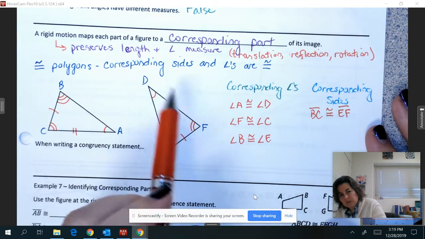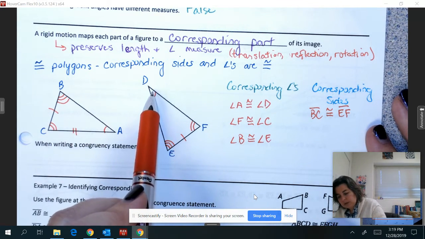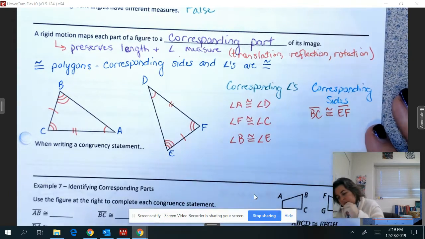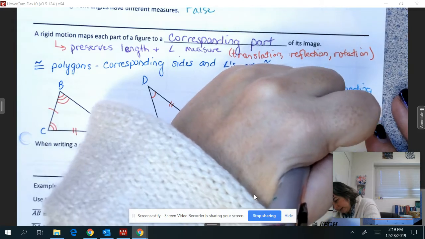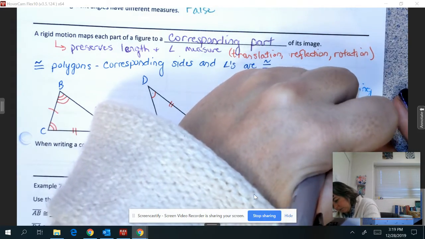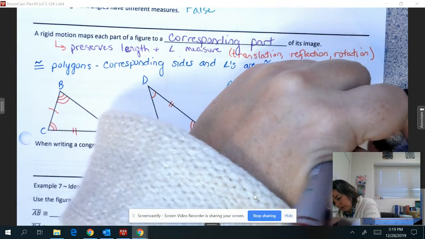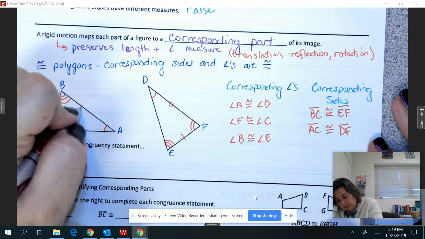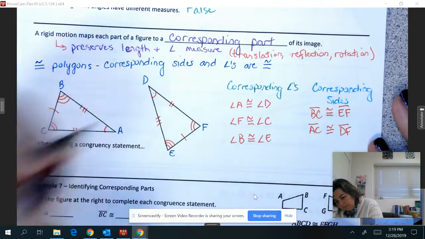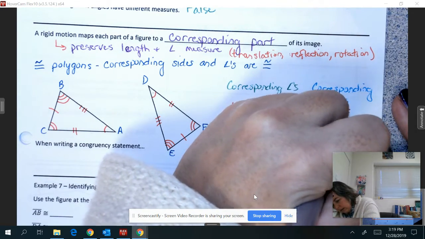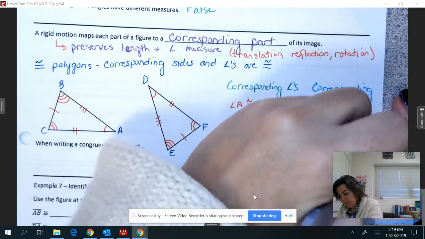So it's going to go over here with between angles with 1 arc and 2 arcs. So that is AC will go with DF. And so then we just have the last one. That will be DE goes with AB.